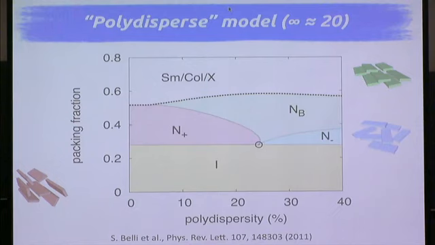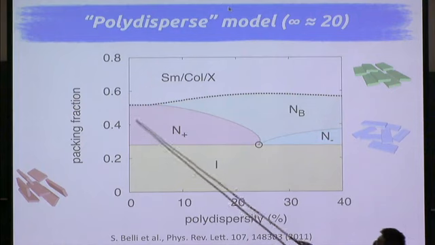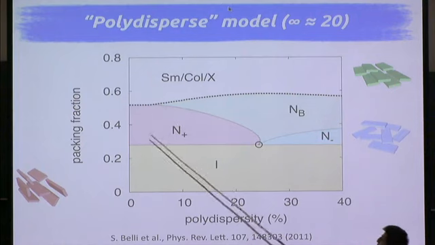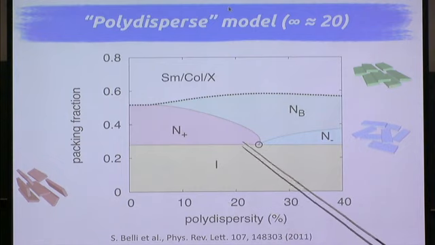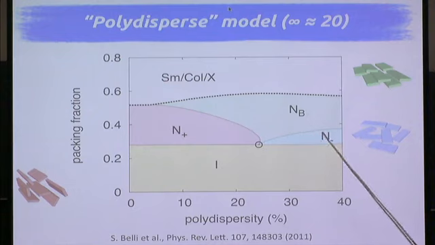And again, what do we observe? At 0 polydispersity, particles all the same, we do not observe any biaxial nematic phase. We increase the polydispersity, and again we observe this competition between prolate and oblate behavior. As a consequence, you have the opening up of this pretty wide biaxial nematic stability.